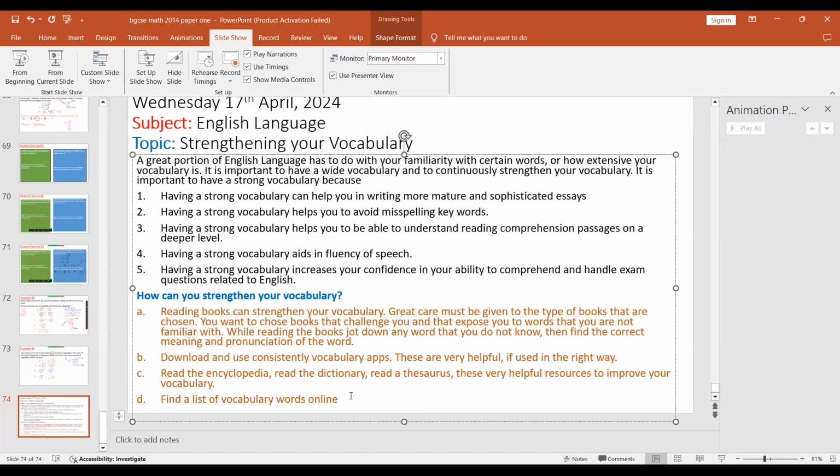So you could say vocabulary words for grade 12, grade 11, grade 9, grade 8. And they give you a bunch of words, right? And once you look at that list, you figure out which words you don't know. Whatever words you don't know, you have to figure out what that word means.